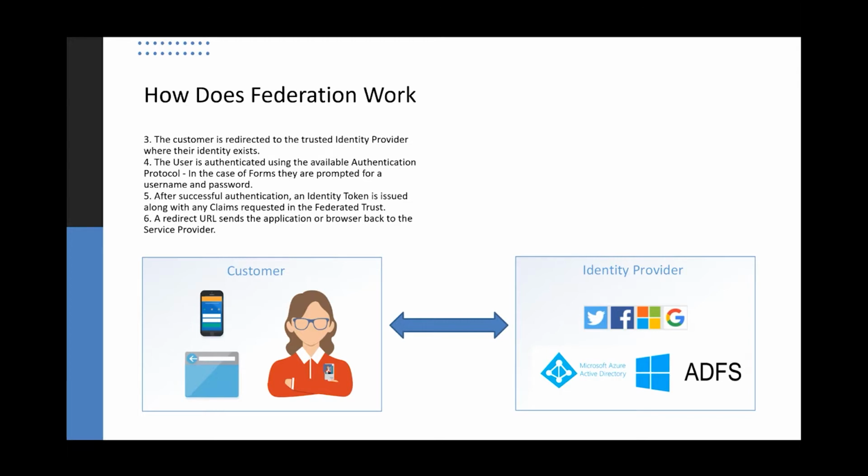So our user's browser now has an identity token to confirm that they are who they say they are. They have claims, information about them that could be useful in the process, and now their browser is going to be redirected back to the service provider.